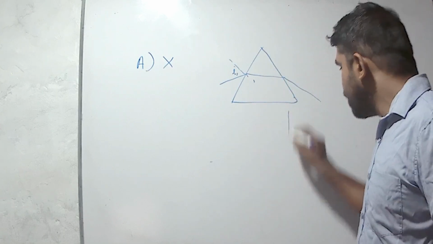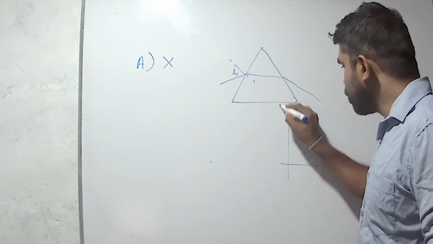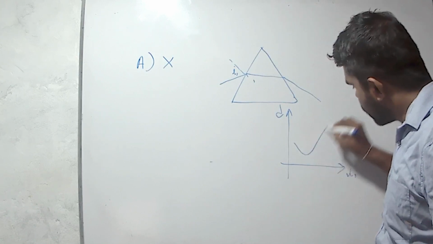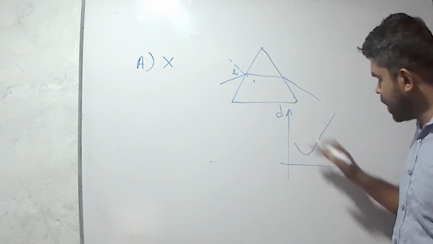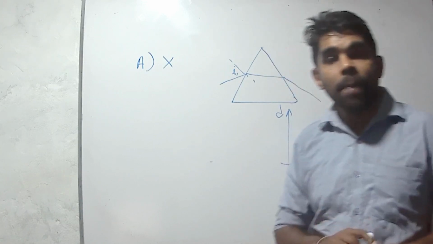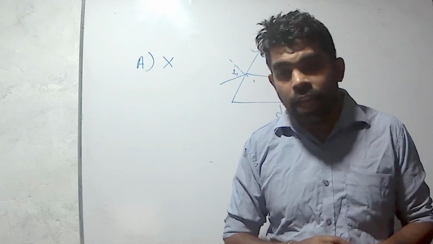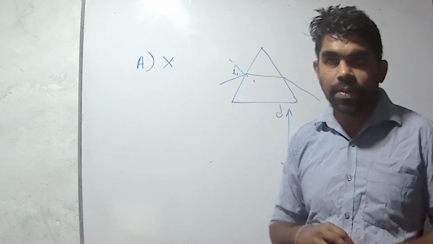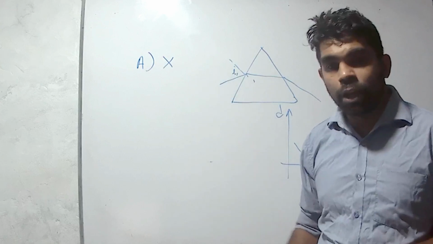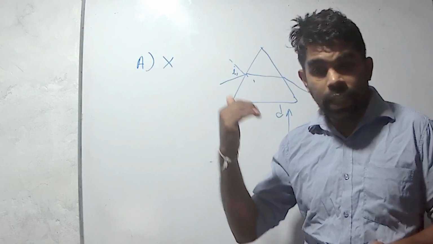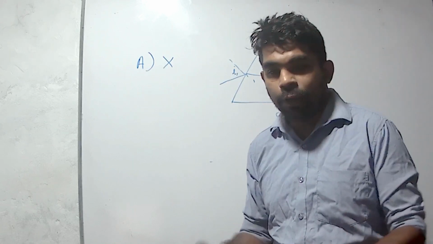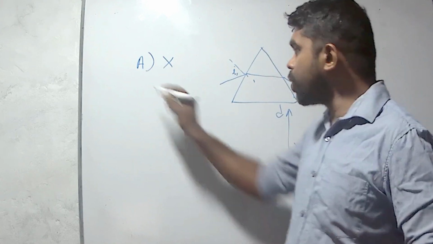It means the deviation should be like this graph with the I1 angle. Therefore, for some angles when I1 increases, I2 also increases. But for some angles, we can observe when I1 is increasing, I2 decreases. Therefore, statement B is also incorrect.